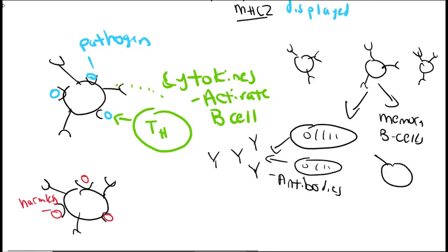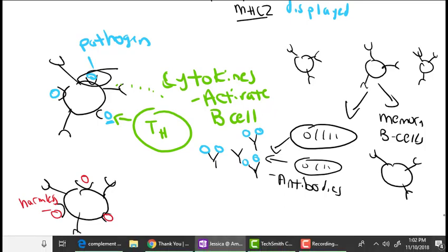So memory B cells are also formed, and these ones will remember this specific pathogen in case the body's infected again with it. So in this first case, the helper T cell activates the B cell so that it produces antibodies, and these antibodies are going to recognize that specific antigen that was displayed on the MHC2 and destroy it. Let's look at the second scenario.